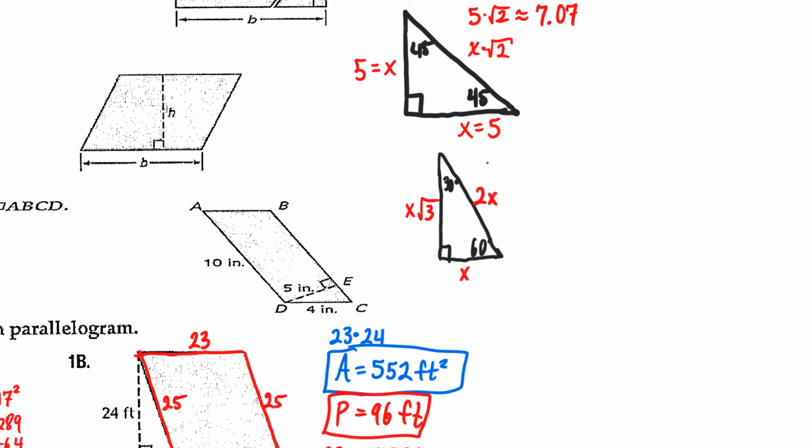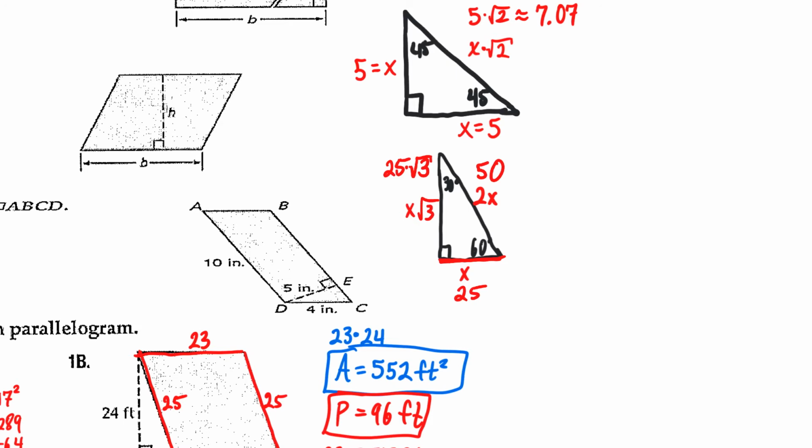So if the hypotenuse is 50, how long is this side down here? 25. It's half of that. And then how long is that long leg up there? 25 times the square root of 3.